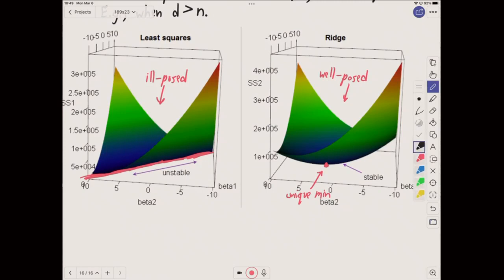But there's a second reason which has become more important in machine learning than this reason, which is that regularization also tends to reduce overfitting. Now, in terms of the bias variance trade-off, the way that regularization reduces overfitting is by decreasing variance, albeit at the expense of increasing the bias.